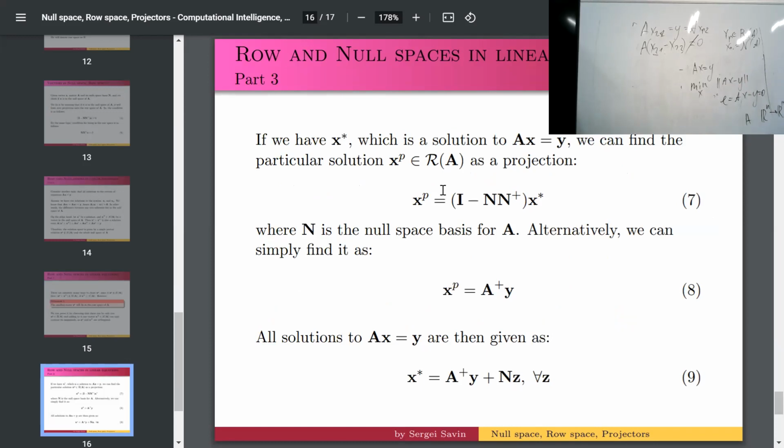This slide pretty much, okay, let's just go through it. Let's say we have x star, which is a solution to Ax equals y. And we have a particular solution xp. We can find it by simply projecting this x star onto the row space.